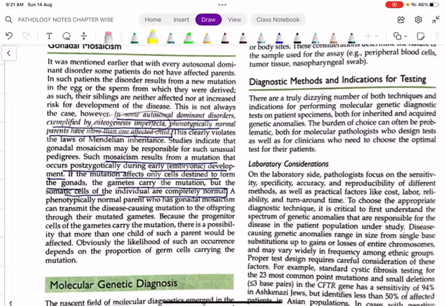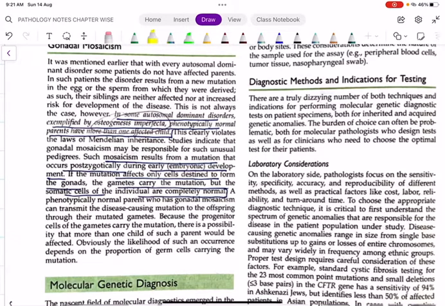How is it possible? It is the sex cells which take part in fertilization. Remember these changes take place post-zygotically, after the zygote is formed. If this mutation affects only the gonadal cells, the gametes will carry the mutation, and as a result the child will be affected.